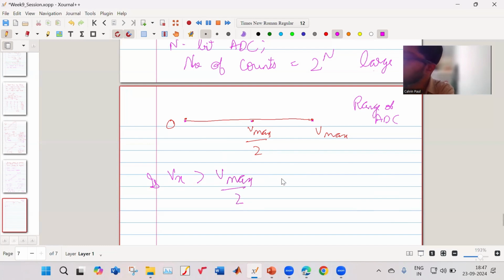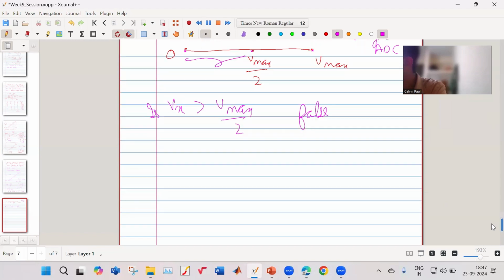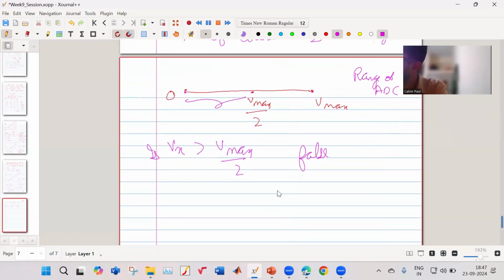If it comes out to be false, then what does it mean? My voltage is in this range. So that means I have to focus on this range. So I will change the focus. My focus range will then become 0 to Vmax by 2. So I know my Vx is within this range.